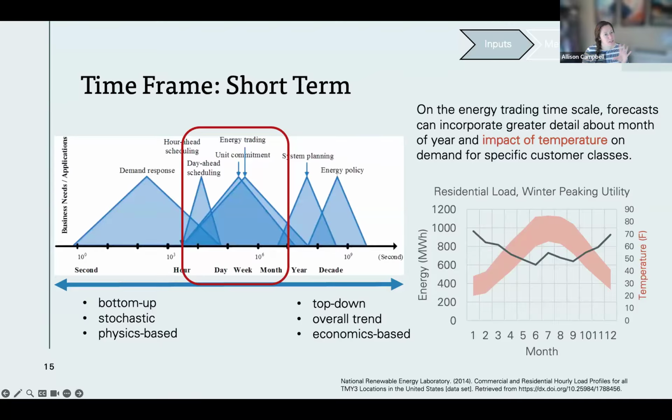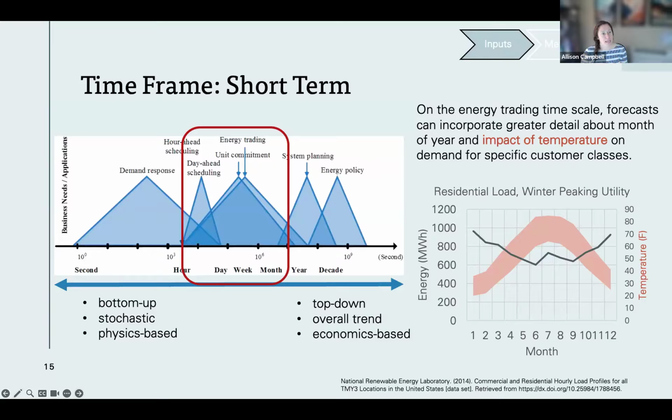This visualization I have on the left here shows us the dominance of the different approaches, meaning the different methodologies for forecasts based on the forecast timescale. So as we go towards the shorter timescales, this goes down to the second timescales, but let's consider it more the hourly timescales.